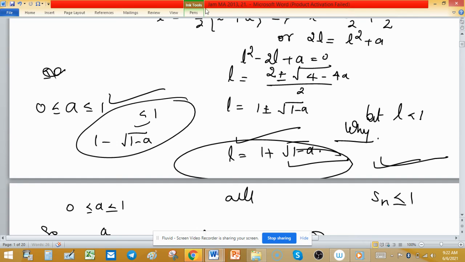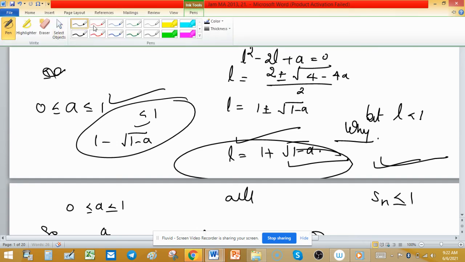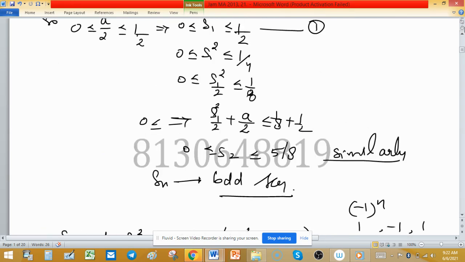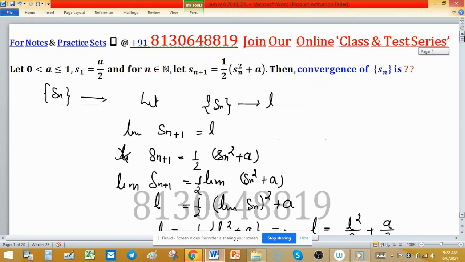I said it wrong earlier; this is the perfect reasoning. Because this term is positive and 1 is added, 1 plus something will be greater than 1, but all terms of the sequence lie between 0 and 1, so the limit will also lie between 0 and 1. So the limit of this sequence is 1 minus square root of 1 minus a, and it is convergent.